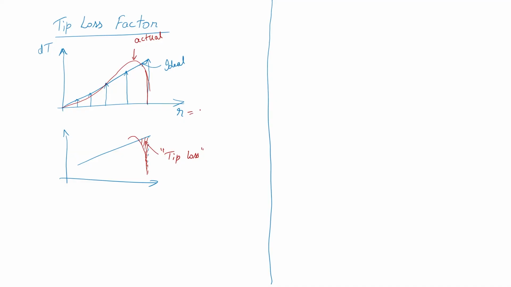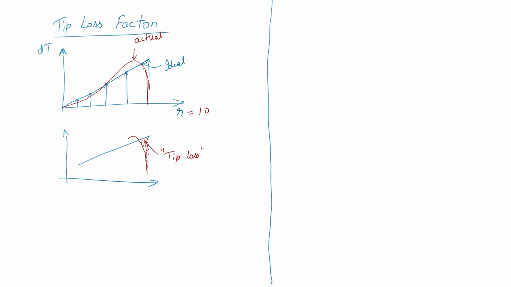So at the tip, exactly at the tip, which is small r equal to 1.0, your lift or thrust has to come down to 0, and therefore there is a region where you have a deficit of lift or thrust. There is a loss of thrust which we call tip loss.